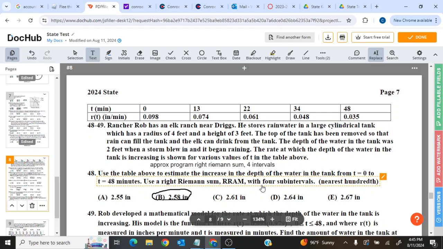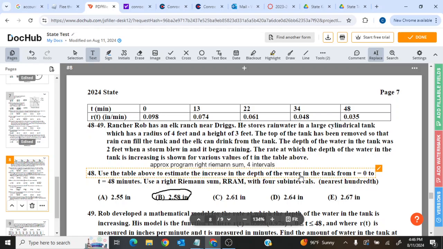48 to 49. Rancher Rob has an elk ranch near Dritt. He stores rainwater in a large cylindrical tank, radius of 4, height of 3. The top of the tank has been removed. The depth of the water is 2 feet right now, and it's been raining. The rate at which the depth of water is increasing is shown on a table. Use a table to estimate the increase in the depth of water, and use a right Riemann sum.